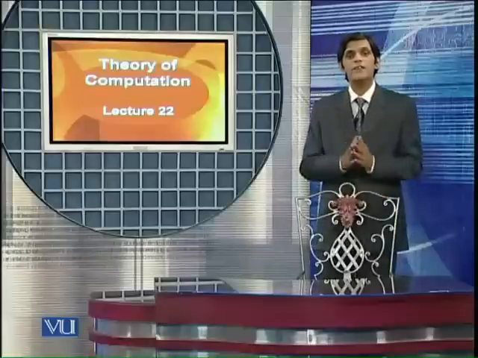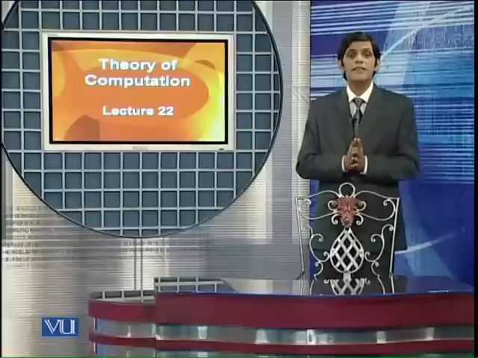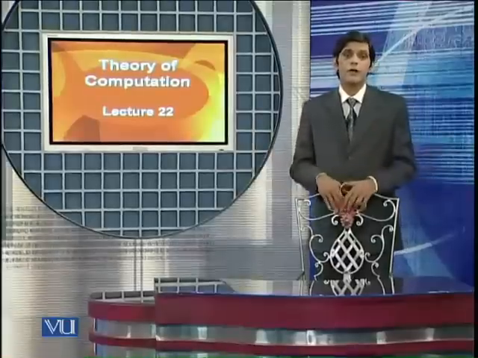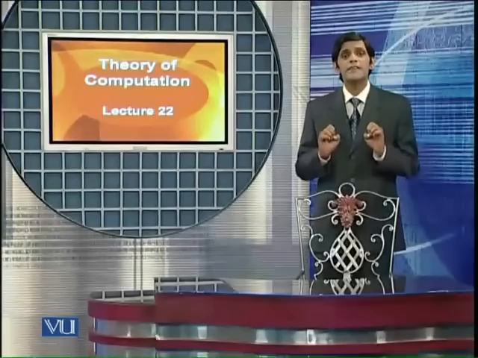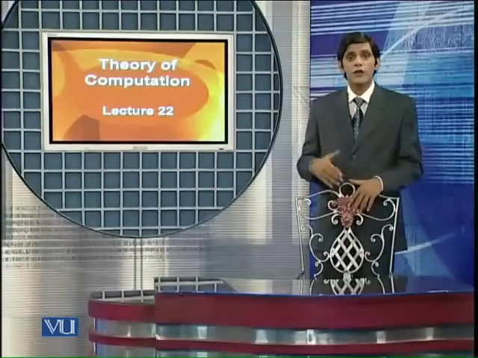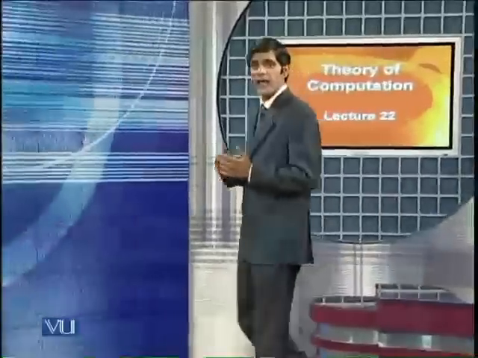Acceptance means that a string was accepted by one branch of the computation, and rejection means it was rejected by all branches of computation. It is imperative that you keep this definition in mind, because if somebody gives you a problem and says, design a non-deterministic Turing machine to solve the problem, you will have to give them a Turing machine which will accept all inputs that are in the language and reject all inputs that are not in the language.